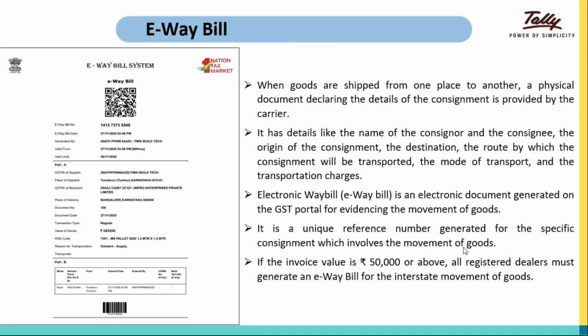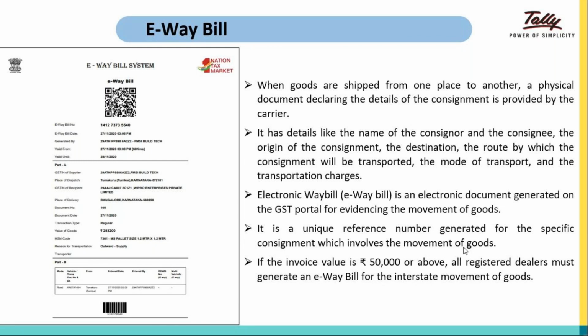If it is an intra-state transaction, that means you are transporting your goods within the same state, in that case also there is a threshold limit. That threshold limit varies from state to state. Each state has its own threshold limit. For Karnataka, again it is 50,000 rupees.